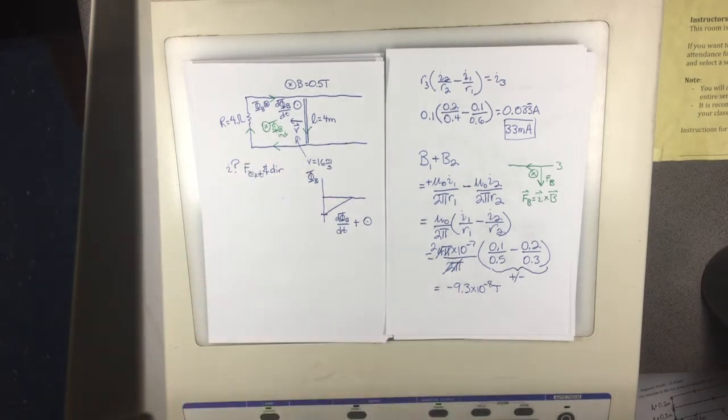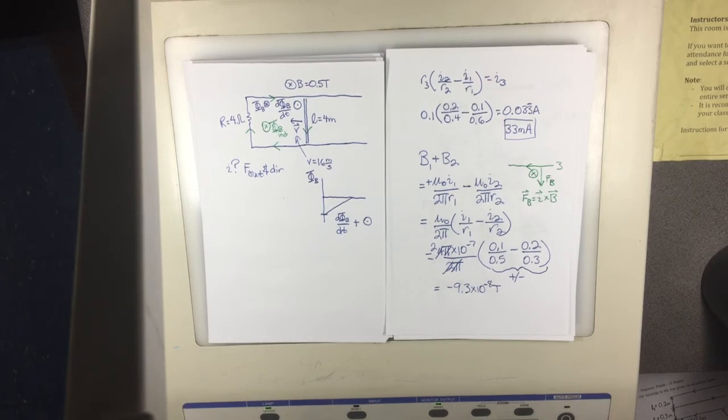So how did you decide the graph slopes up like that? I know that the magnetic flux is initially negative. Why? The B field is into the page, with a specific area. But the area is getting smaller, which means that the magnitude of the magnetic flux is going to decrease.